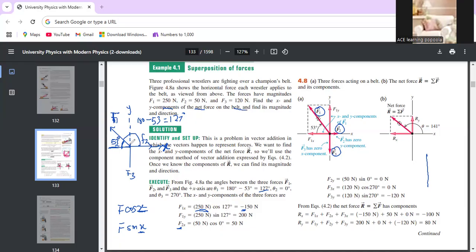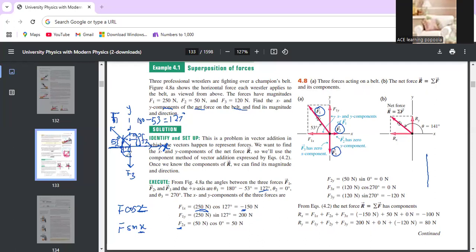And for F3, the third vector, as you can see, it's vertically downwards. Remember, this is our reference point. Starting from here, getting here is 90, but because we surpassed it, from here to here was 127. If you keep going, when you get here it is 180, and if you keep going, this is another 90 degrees.